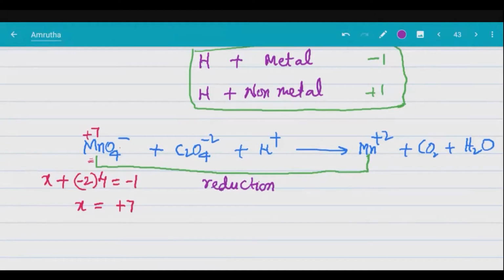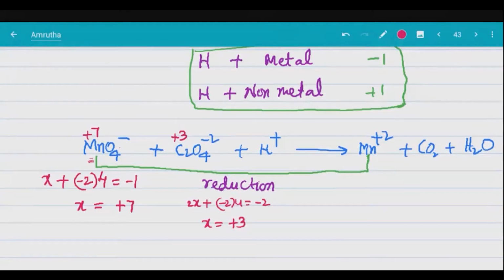But in 99% of cases, oxygen is just -2, so oxygen will not change. But carbon can change. So carbon oxidation number, can anybody tell me now? It is X, no? 2X plus -2 into 4 is equal to -2. So X is equal to +3.